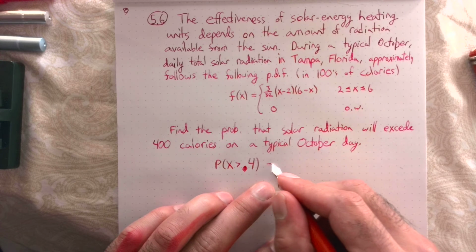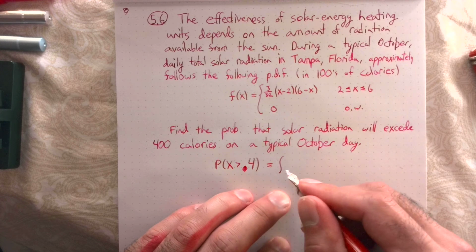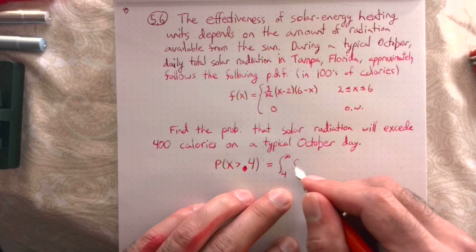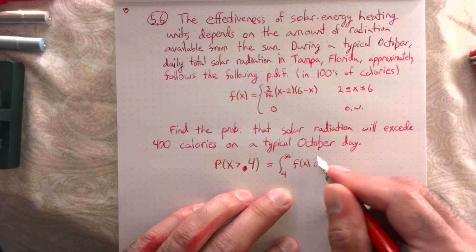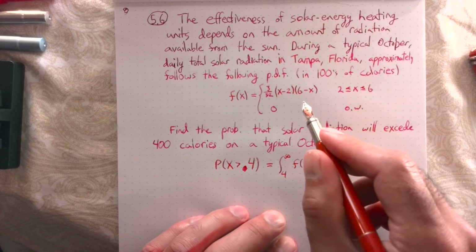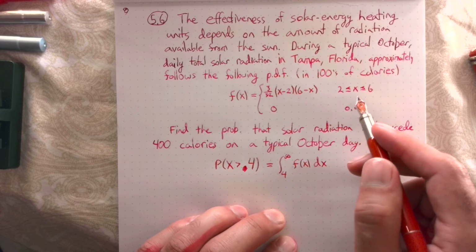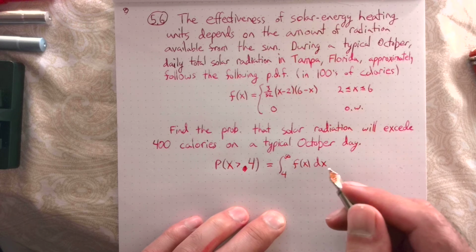So what do we want to do? We want to integrate from 4 to infinity f of x dx. But again, in our case, we only have non-zero values for our probability density function when x is between 2 and 6.